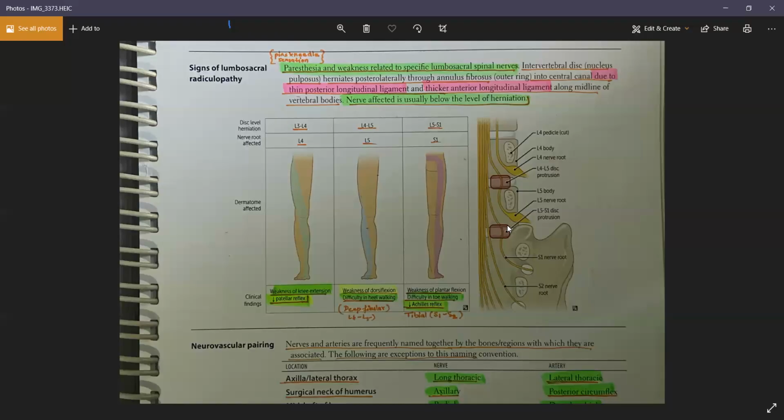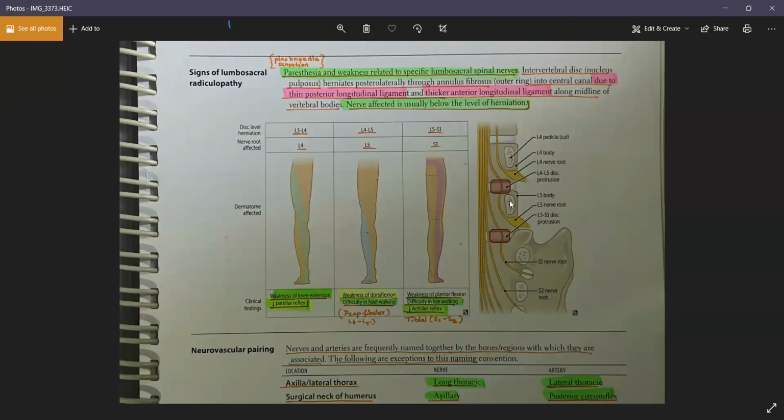Yeah. And whenever the anatomical space between the L4 and the L5 narrows due to any spondylosis, then the nerve which is exiting that space, which means the L4 nerve, will get damaged.